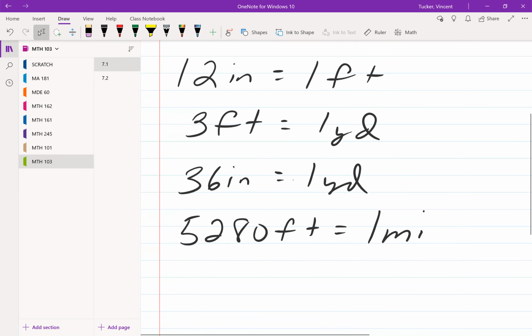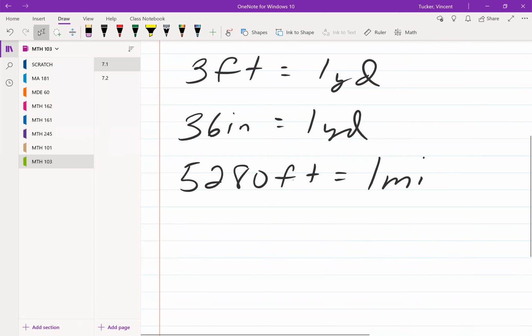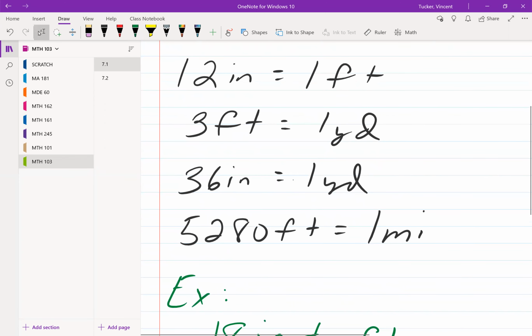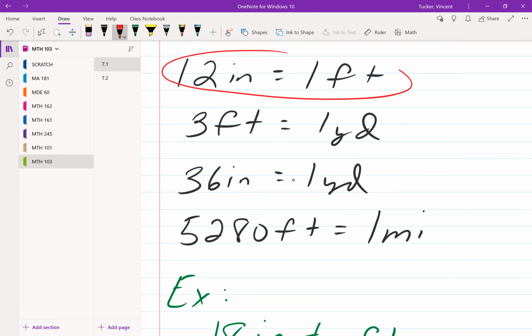All right, so first thing we want to do is look at this example of converting 18 inches to feet. So we want to go from inches to feet. The first thing we need to do is find a conversion factor that deals with inches and feet, and that would be this one right here.